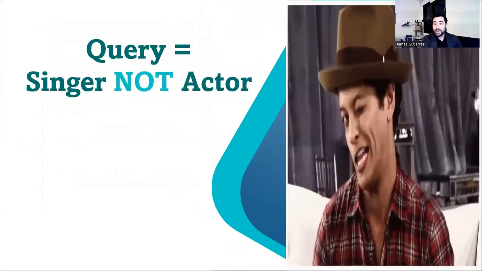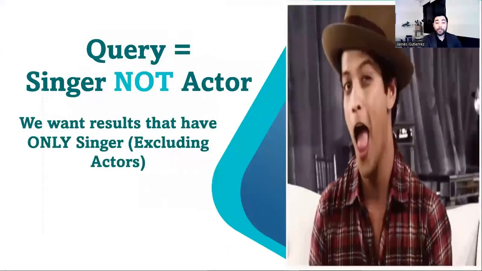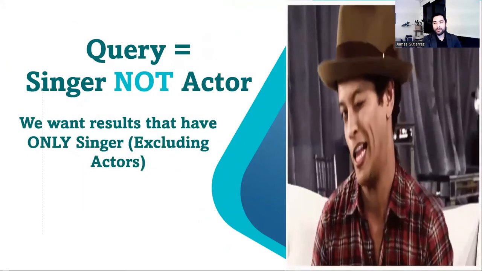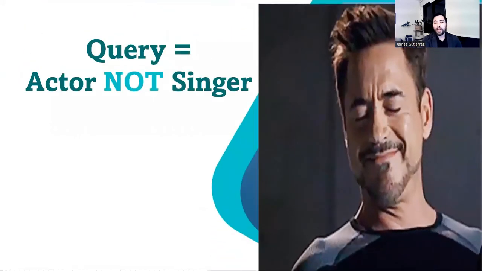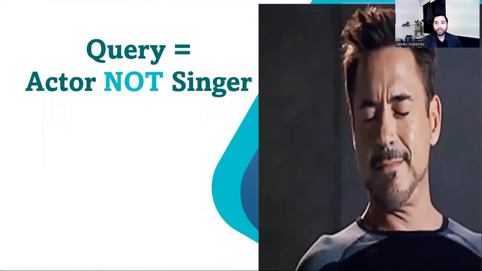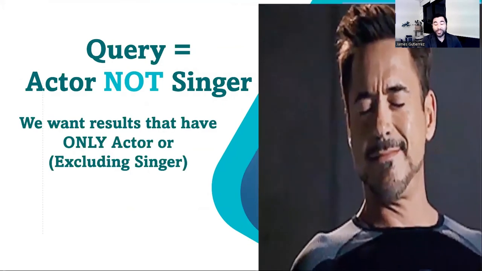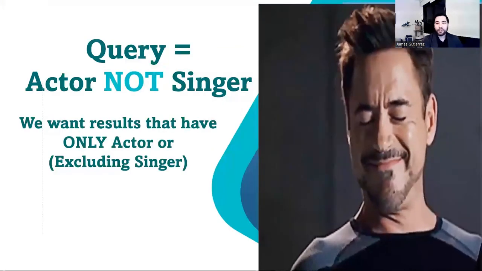Now, if we're looking for singer, not actor, that means we only want results that have only singer, excluding the actors. And on the flip side, if we were looking for actor, not singer, we only want results that have actor, excluding the singers, like we saw earlier.